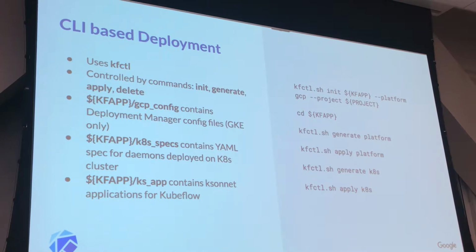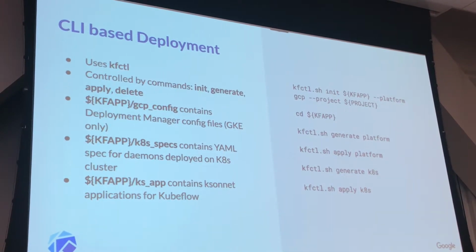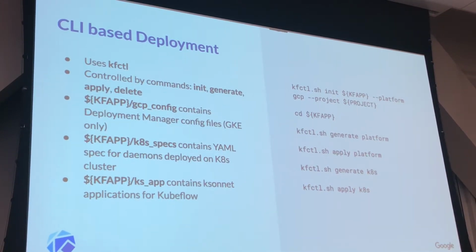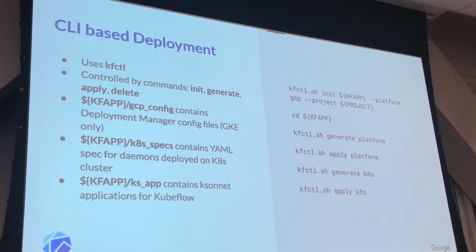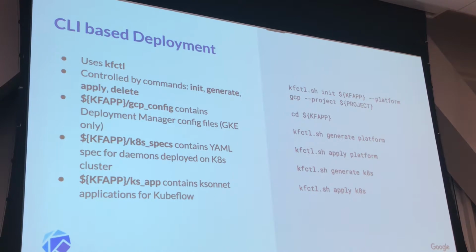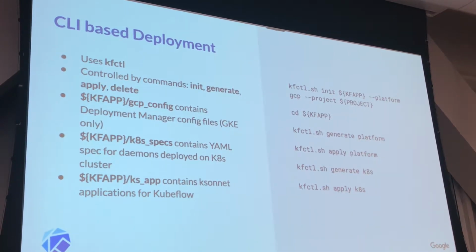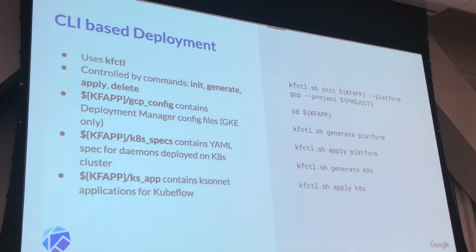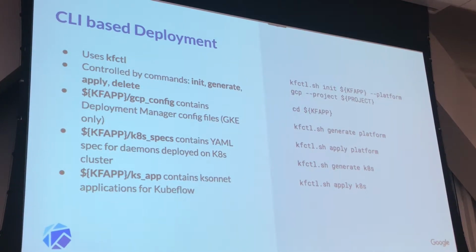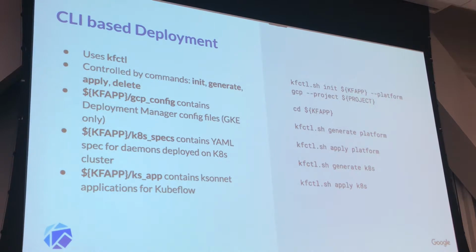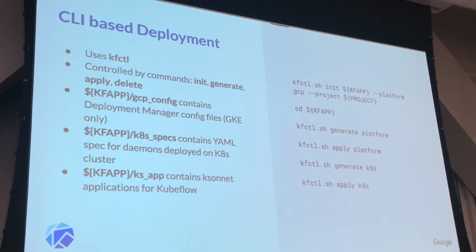If you want to create additional node pools, add GPUs right from the beginning, or decide whether you want to have IAP or not, you can make a lot of configuration changes. The next step is apply the platform, which takes the configuration generated in the previous step, talks to Google Cloud Deployment Manager, and creates the GKE cluster that was defined by the configuration.